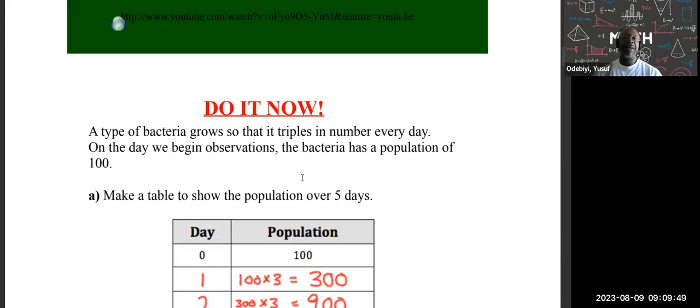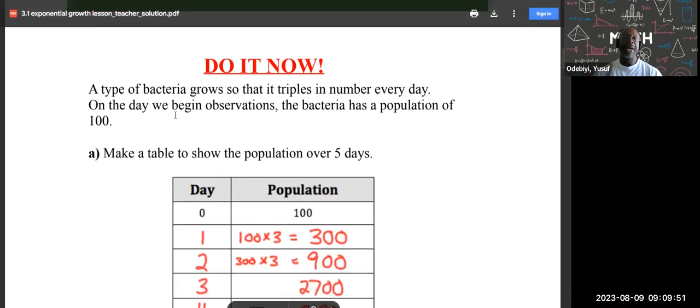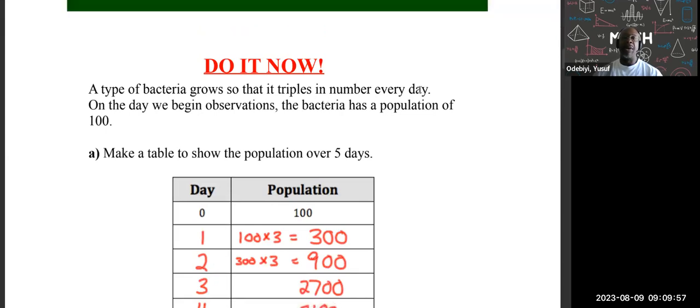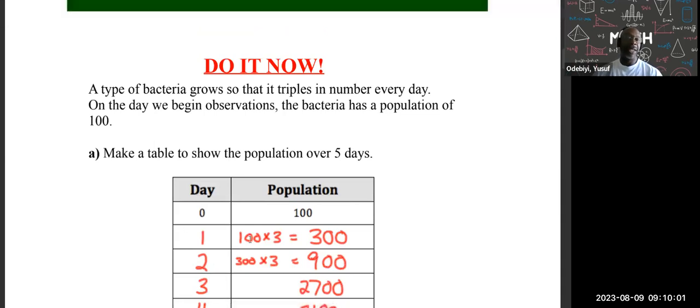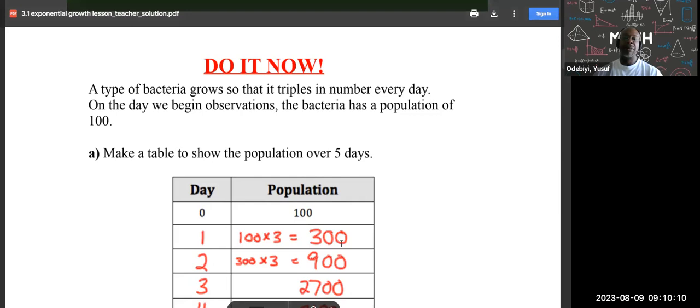So if we're talking about an example here, we can talk about bacteria, right? A typical bacteria grows so that it triples in number every day. So it triples in number every day. So the first day, say I start off with 100, but then after the first day, it jumps up to 300.